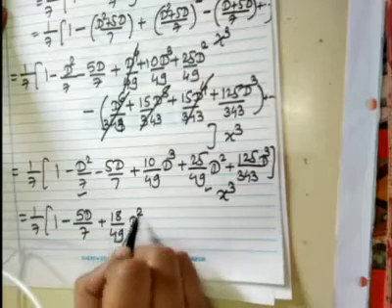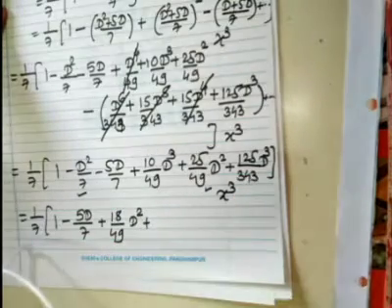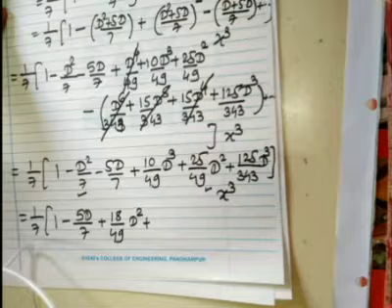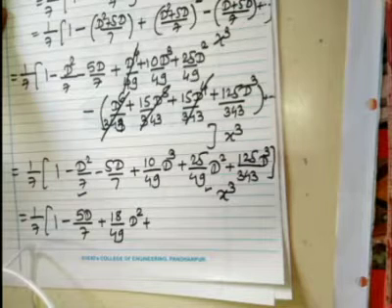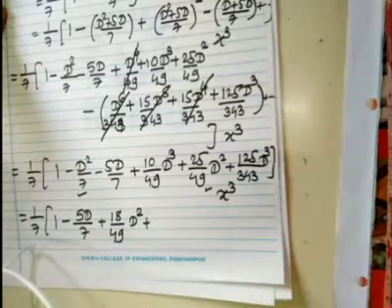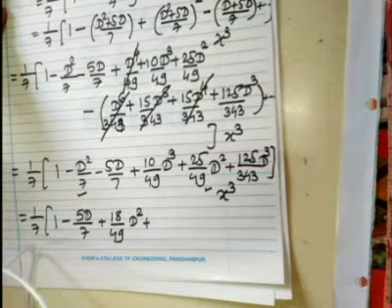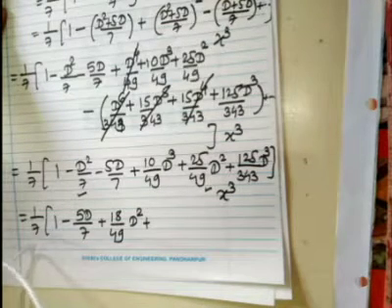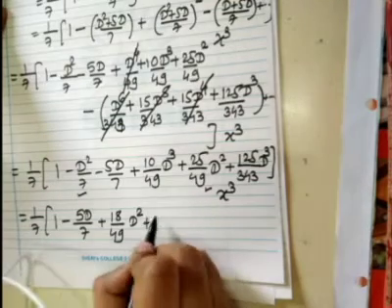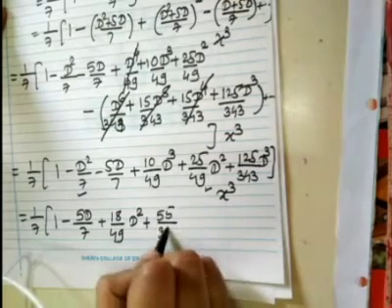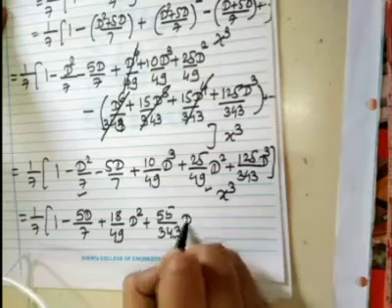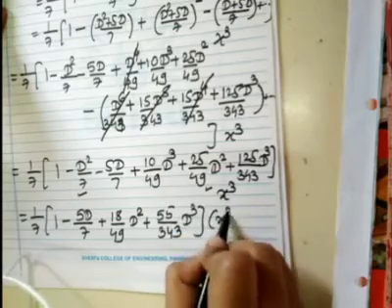Next is cube. So it is 125 by 343 minus 10 by 49 for d cube, so it is equal to 55 by 343 d cube on x cube.